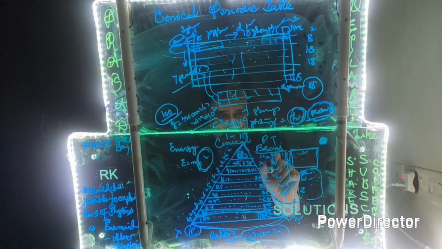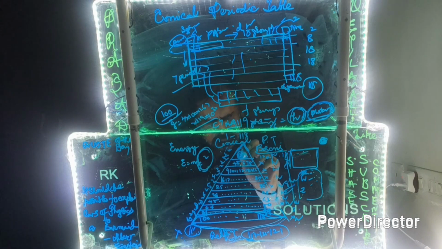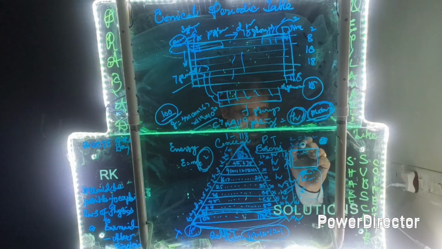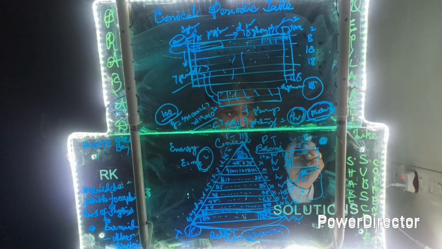That will be each boson. And let's say this helium. Helium will have two ones. 1 into 2 is 2. Similarly, if you want boron, then 1 into 3. 1 photon, 2 photons, 3 photons.